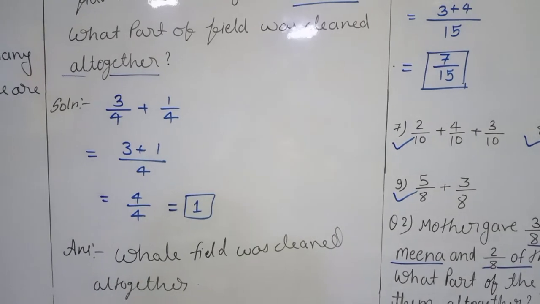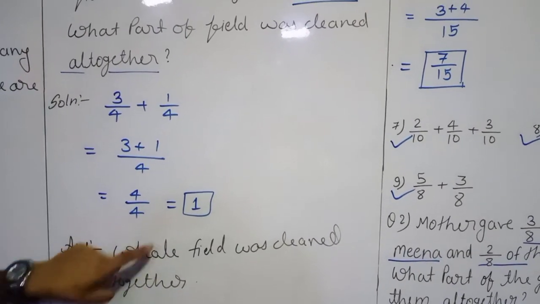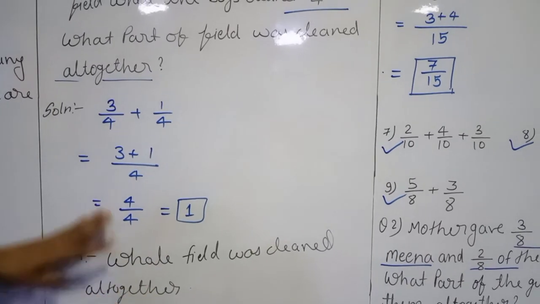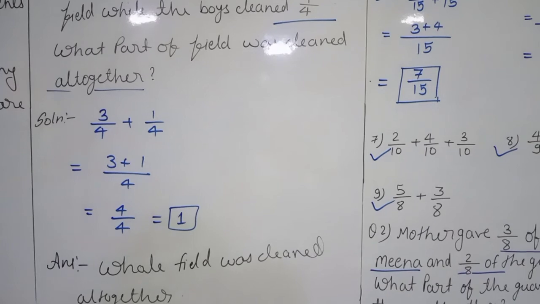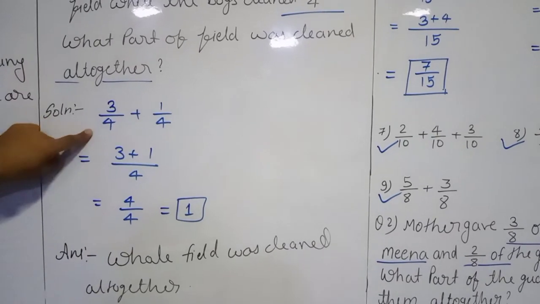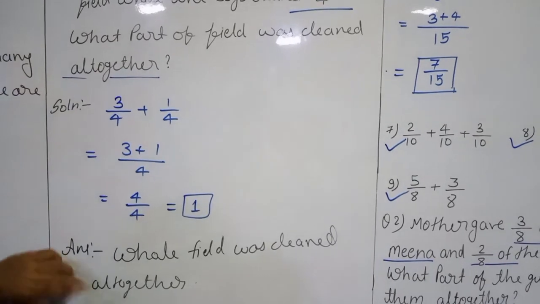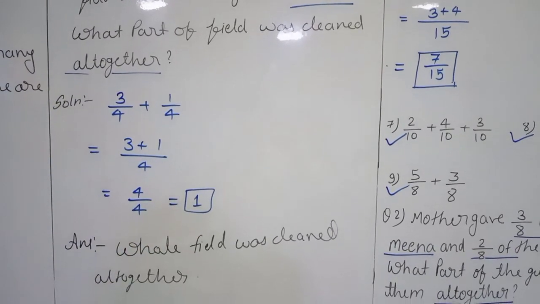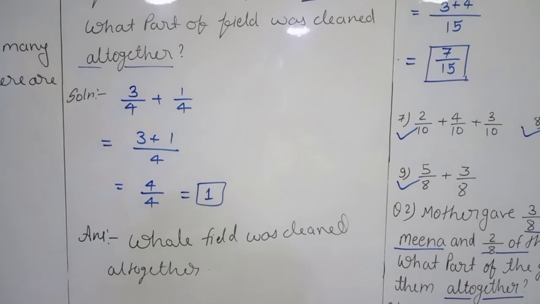Once again, we got 1, and we should not write one field. There was a field, one field, that was cleaned by both boys and girls. 3/4 was cleaned by the girls and 1/4 by the boys, which means they cleaned all the ground, all the field. So we should write: the whole field was cleaned altogether.